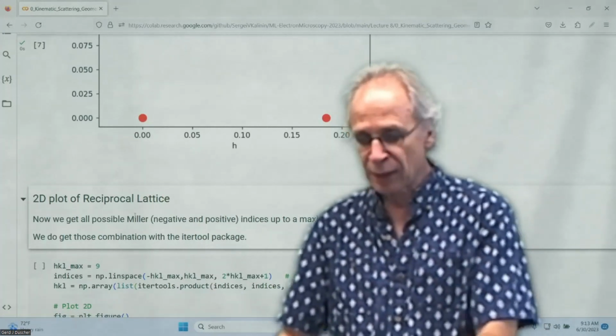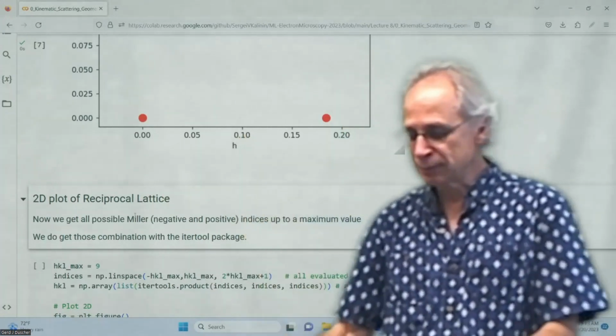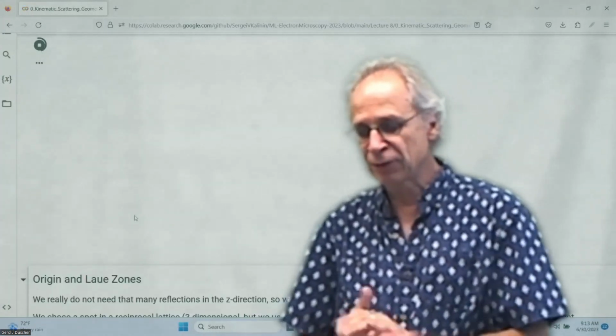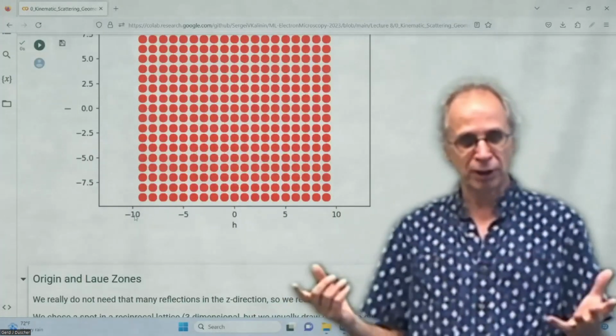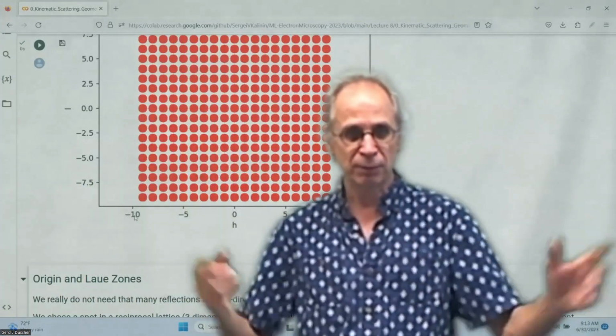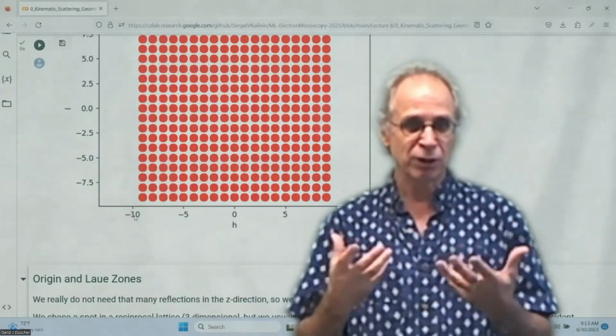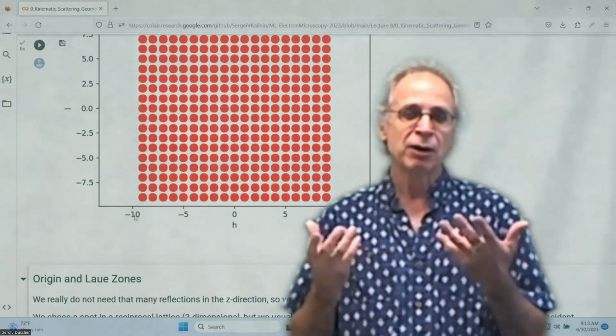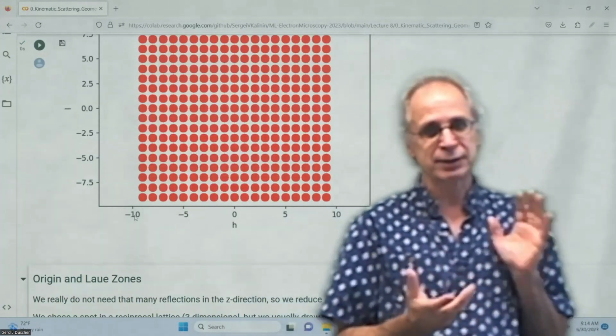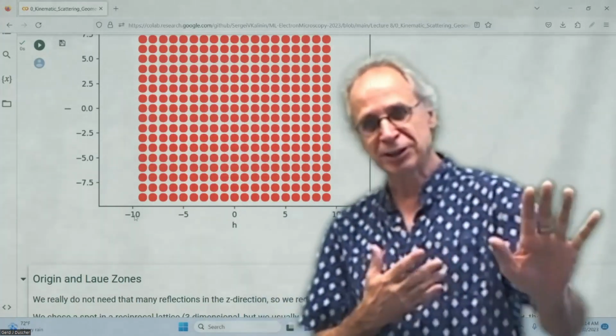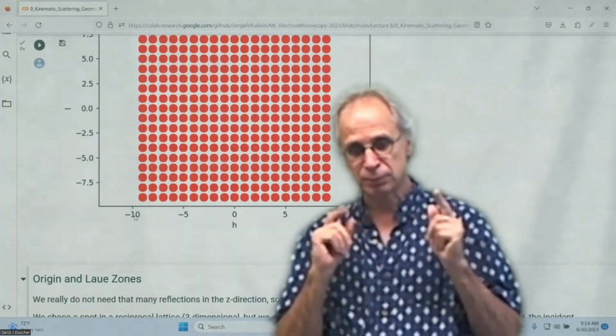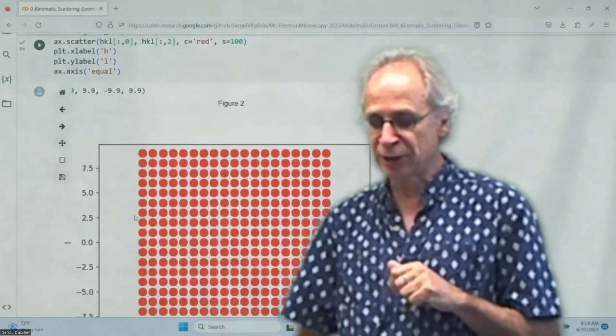So this is a single one. What we need is lots of them, and we need lots of them in 3D. Reciprocal space is a 3-dimensional space. We look at diffraction patterns, so what we often forget is that it is just a projection, okay? So we have many of them.